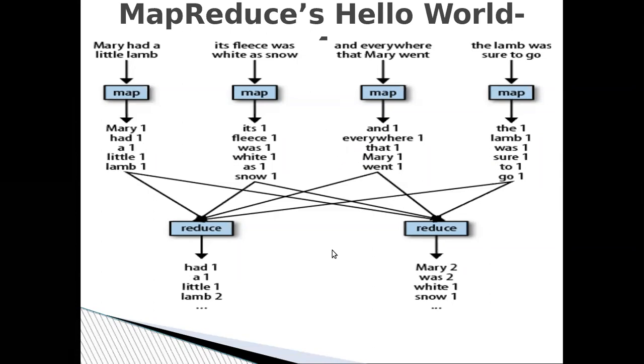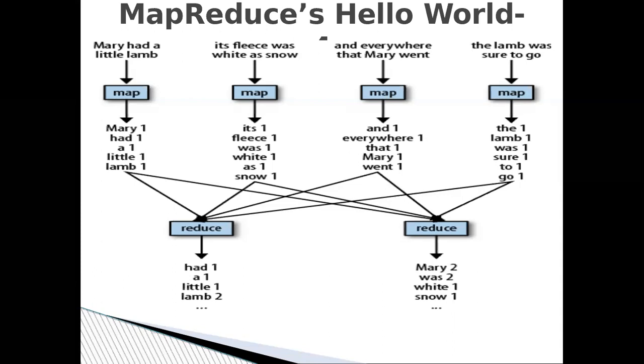Okay. Now, what has the shuffle phase done? Can somebody tell me what the shuffle phase is doing here? I'm taking two reducers. A reducer would mean that which would further count and summarize the information. So I have taken that all the words which begin with A to L will go to reducer 1, and all the words which begin with M to Z will go to reducer 2.